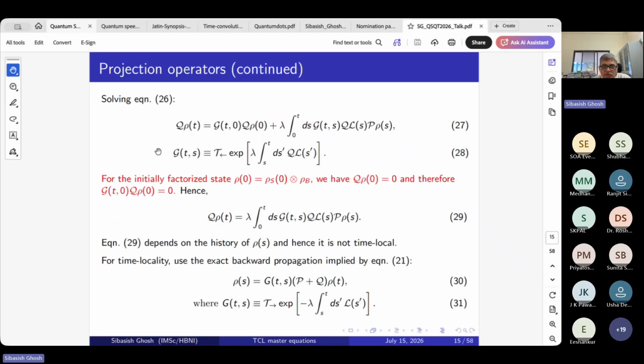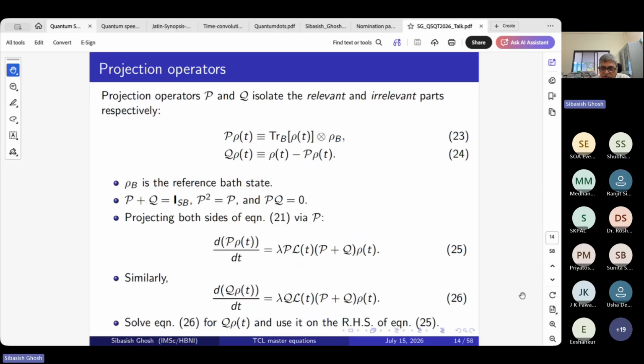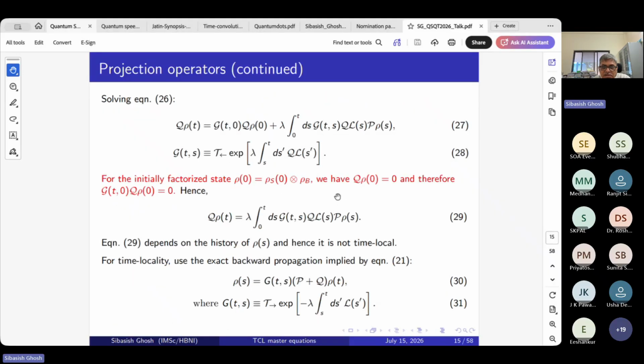That can be done by using some kind of propagator. You can look at this equation 26 and try to solve it. Q of rho t will be something like this: Q of rho 0 plus lambda times this curly G t s, which is the kind of propagator. This is the backward time evolved exponential, and this is your Liouvillian.